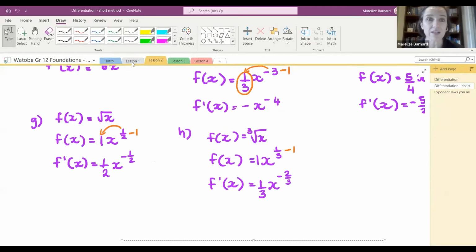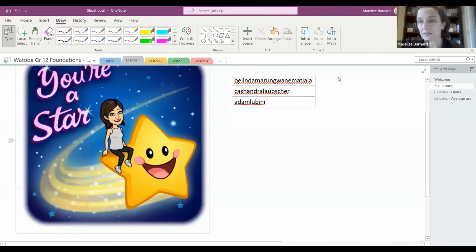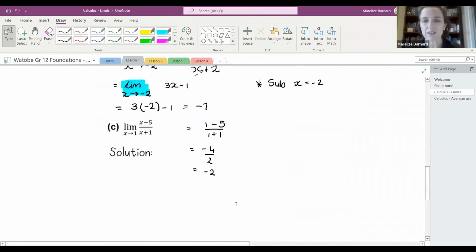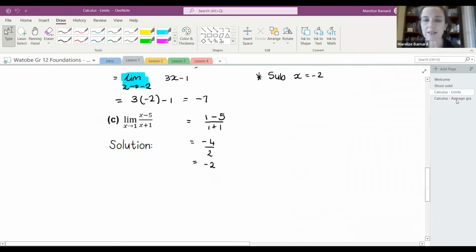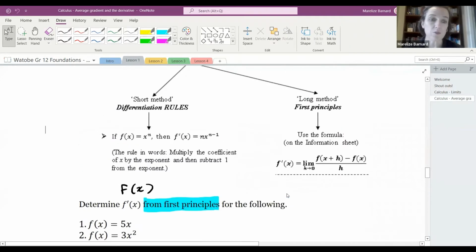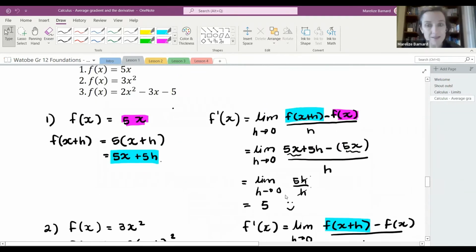So everything we've done, I'm just going to glance back over our lesson so far. We started off with a little bit on limits, and then we looked at first principles and the average gradient. And remember, we said that when we differentiate, when we find the derivative, it gives us an equation to calculate the gradient at a point.